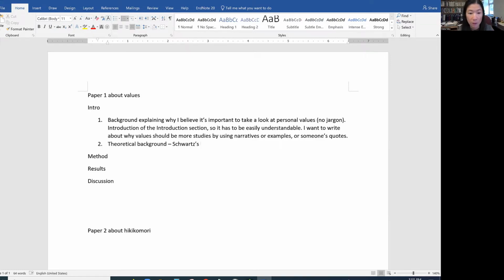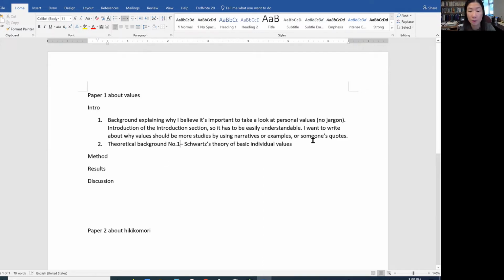I want to spell it correctly. So Schwartz's theory of basic individual values. I want to talk about that. Maybe something else, there are a few value theories. So including that, maybe that would be my first paragraph. So I just want to keep it this way. So theoretical background number 1.